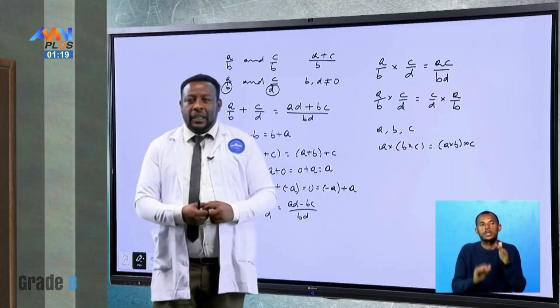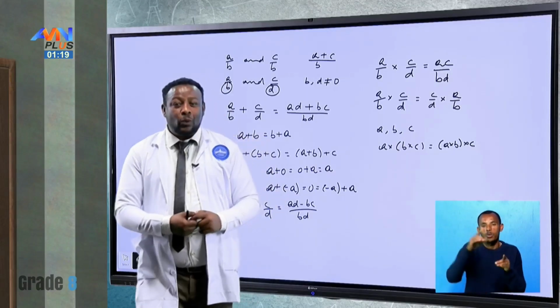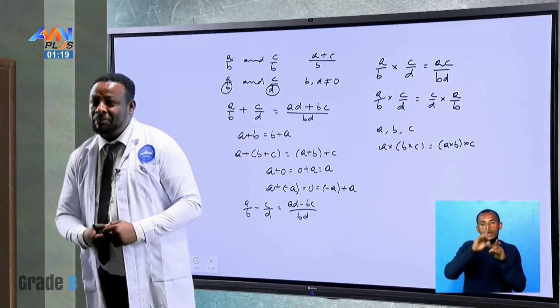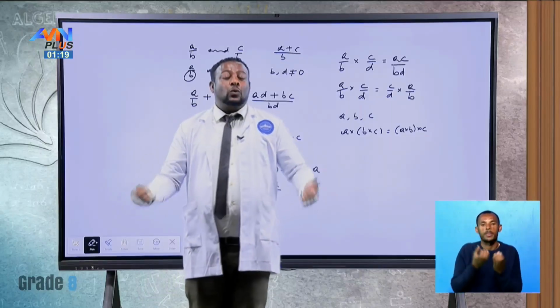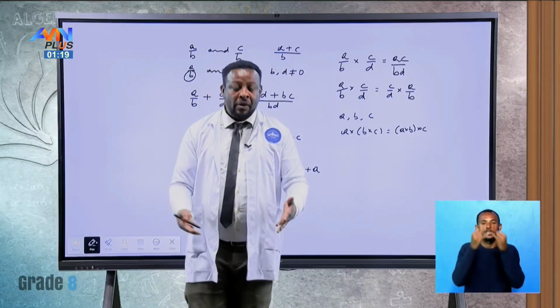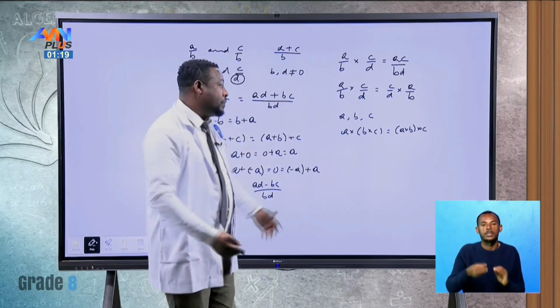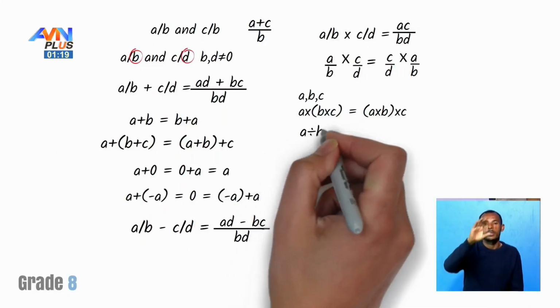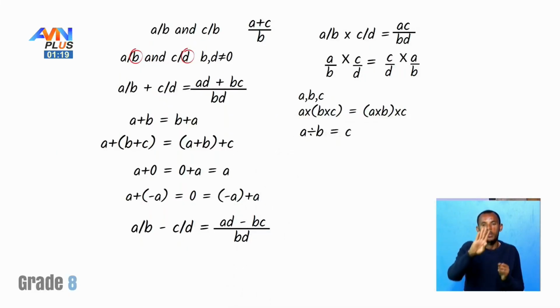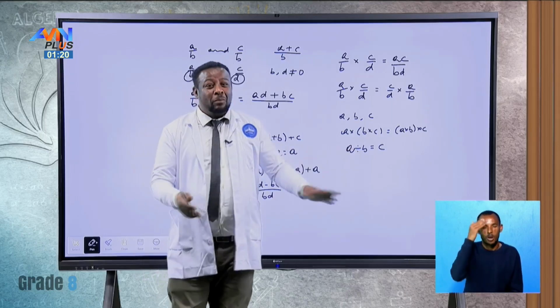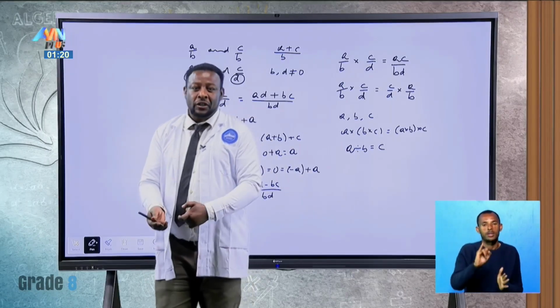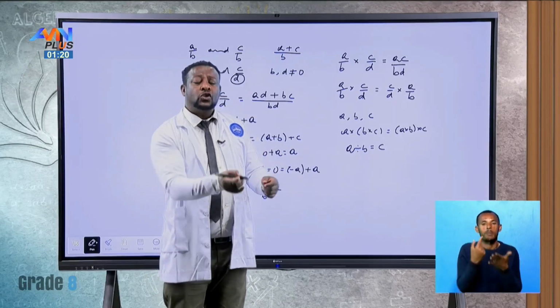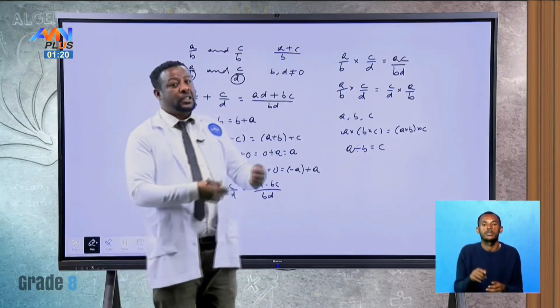And lastly, do you remember what we did in our previous lesson? It was division of rational numbers. Suppose we have three numbers A, B, C. A divided by B is equal to C. You all know this symbol is the symbol that we use for division, okay? Sometimes you use a slash notation to represent division.